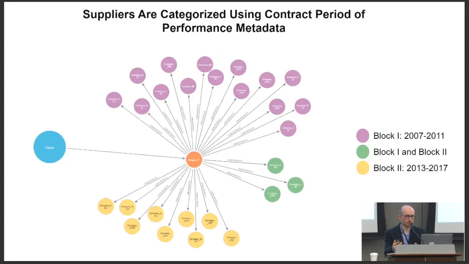And I don't want to imply that these are just dots and lines on a screen. Every one of them is a vehicle for data. Every node has a list of properties, key value pairs, so we can store data about all of these things. Every component, program, contractor, we can store data in those and use that.